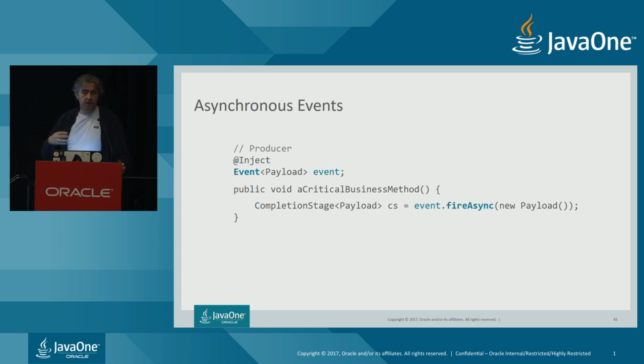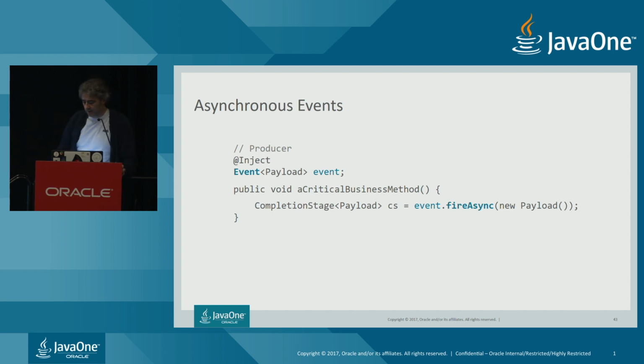The way it works is exactly the same. So we are injecting an event of a given type, and then in CDI, if it had been a synchronous event, we would have invoked the fire method on that event. Given that it's an async event, we are invoking the fireAsync method. So it's a new method in CDI 2. So this is the producing side.